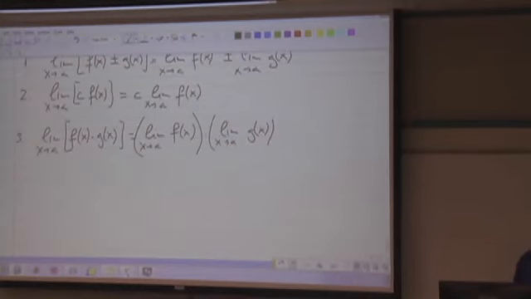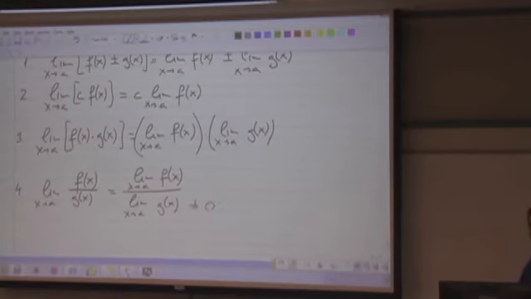And the last one says that the limit as x goes to a of f of x divided by g of x is the limit as x goes to a of f of x divided by the limit as x goes to a of g of x, as long as the denominator is not 0. So, as long as the limit is not 0.